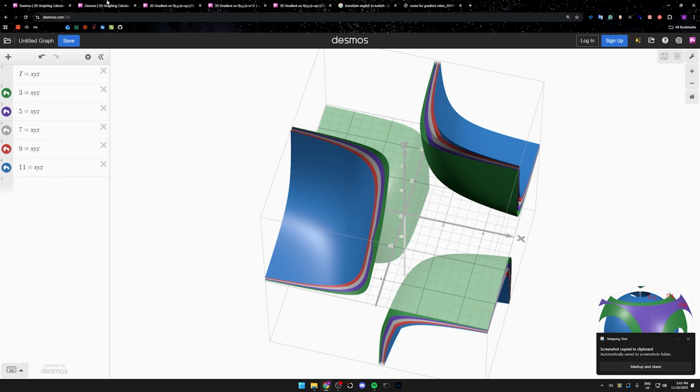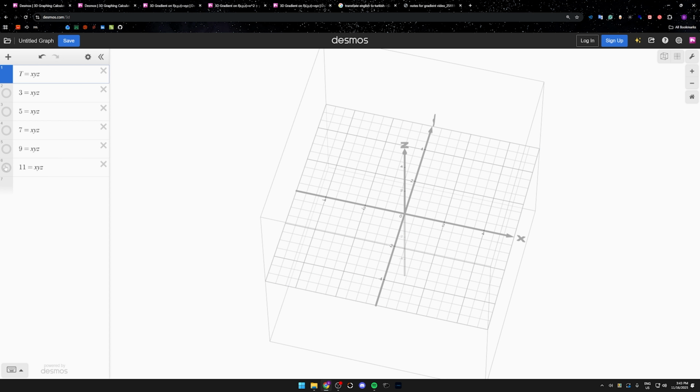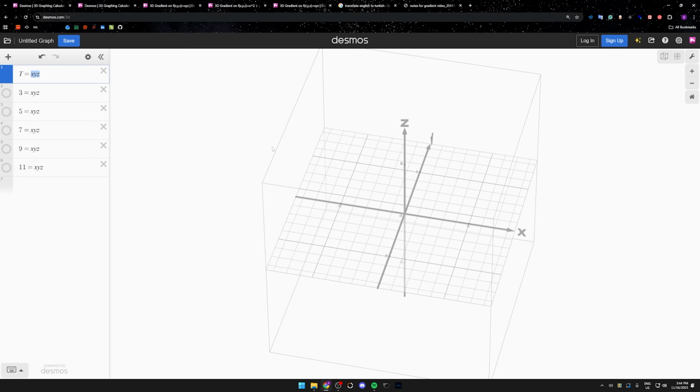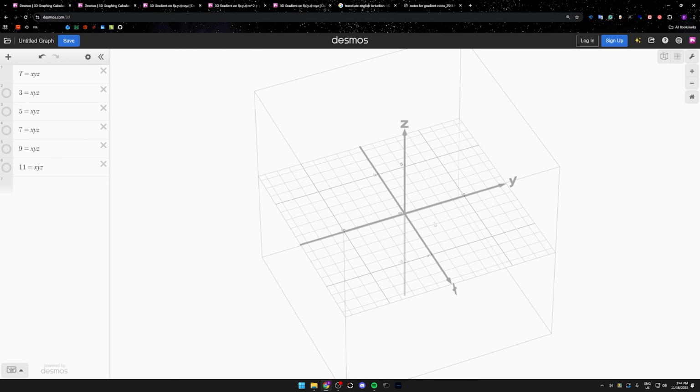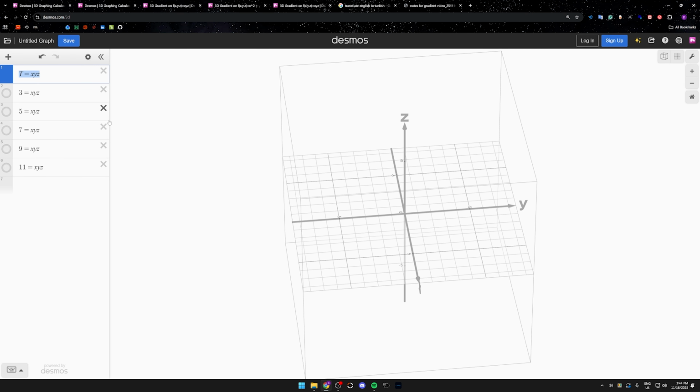And similarly, for the t equals xyz function, this has no real meaning because it's 4D, it's everywhere. The xyz has no real constraint, so in a 3D world here, we can't see 4D.